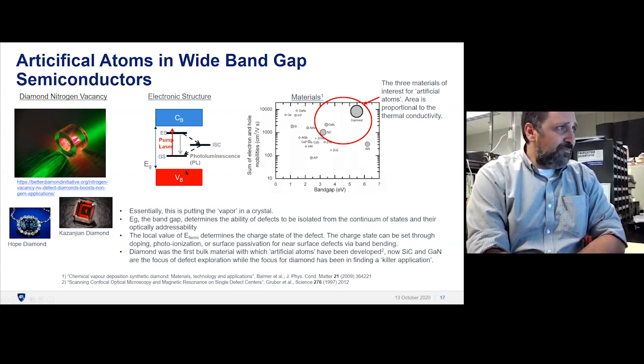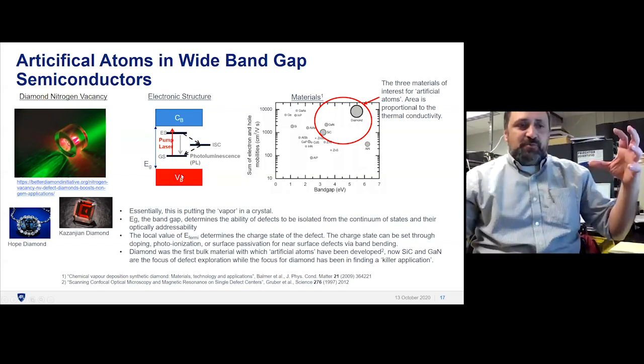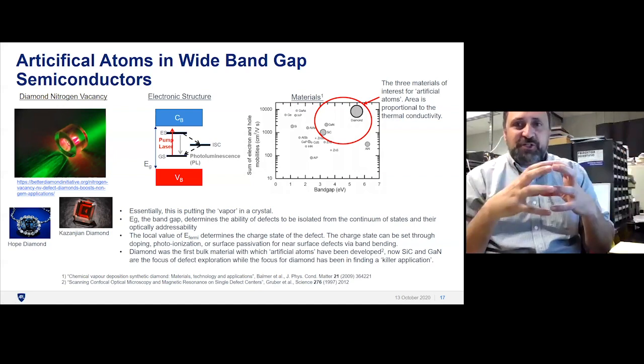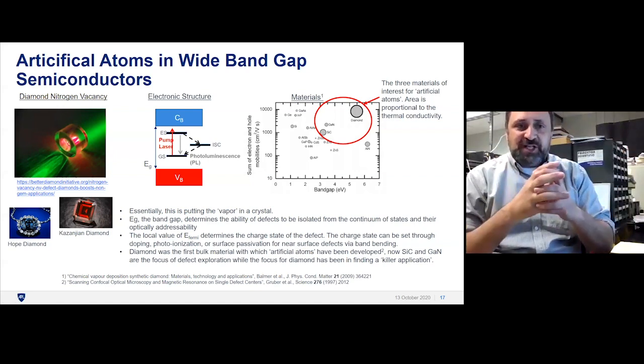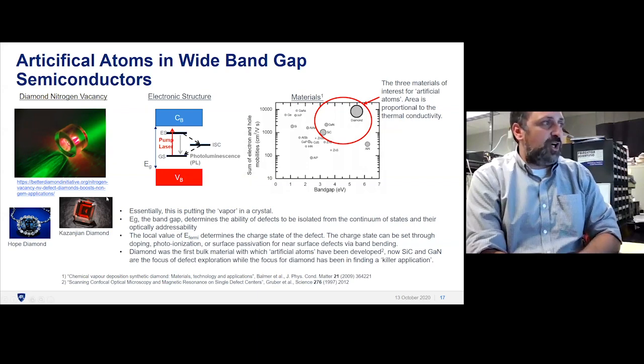So wide band gap means that when you take a bunch of atoms together and you make a crystal, the inner shell electrons form something called the valence band. And the outer shell electrons form something called the conduction band, and you get a gap that opens up.